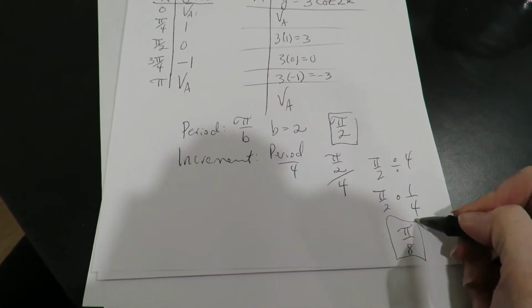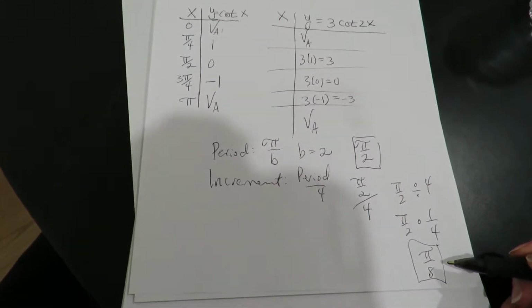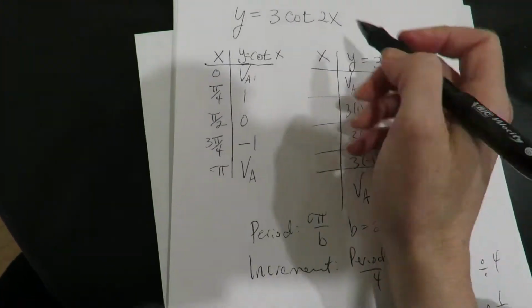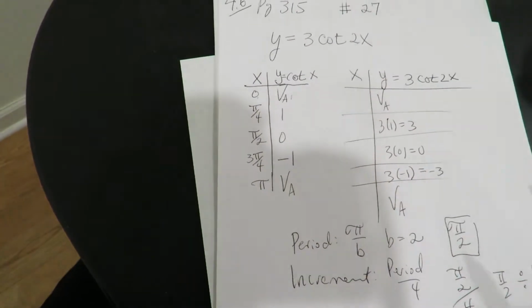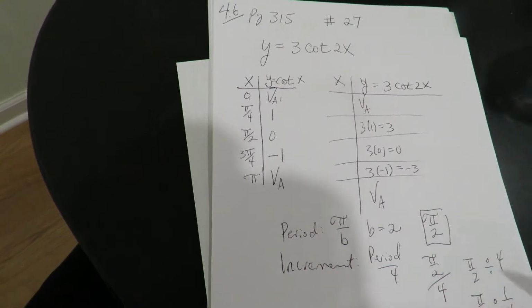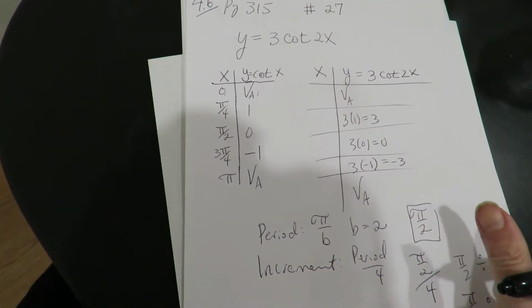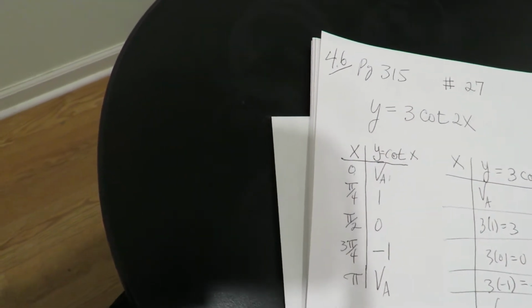So the jumps between the steps are going to be pi over 8. And you don't need to do the start or stop for the cotangent. Since it starts at 0, we just have to make sure we stop at pi over 2, because that's the width of it.